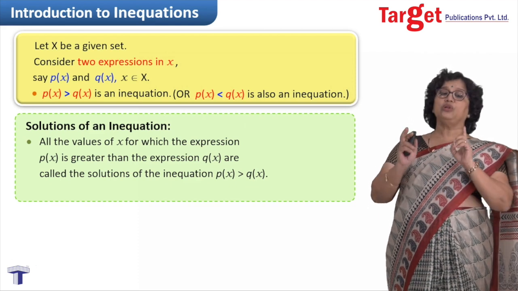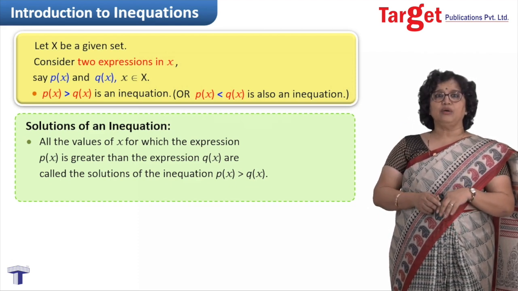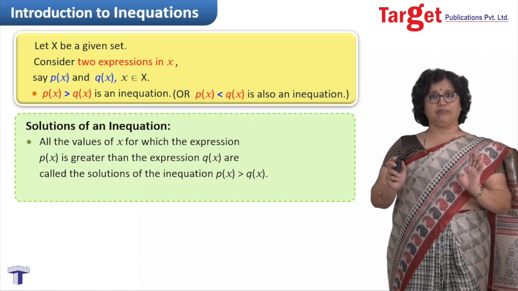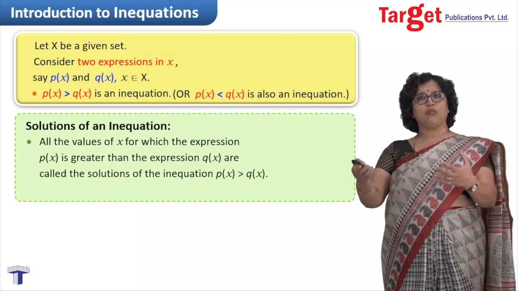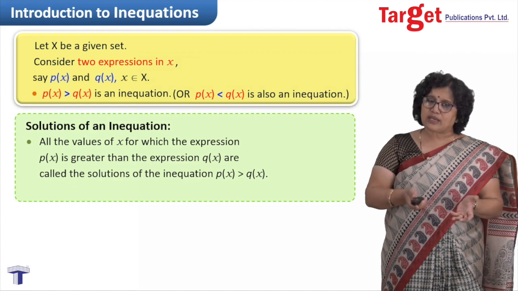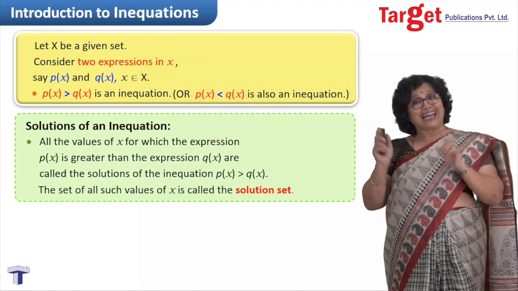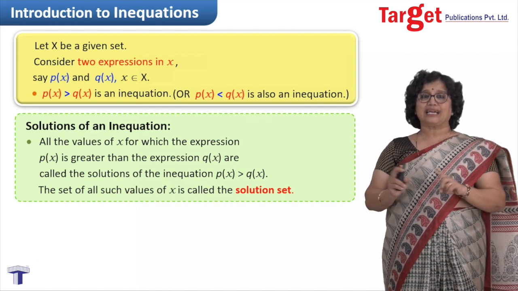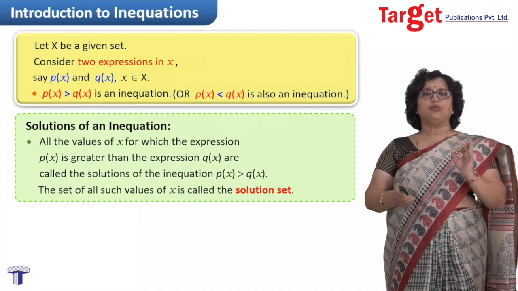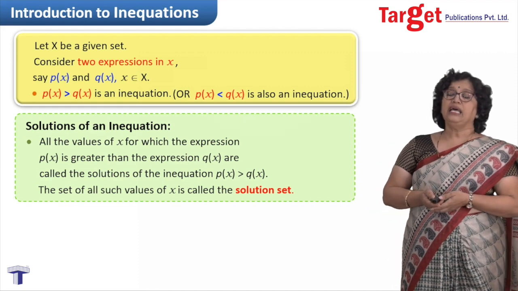But here, solutions of inequations are most of the time infinite in number. So, they would always appear in the form of either an open interval or a closed interval or a semi-open, semi-closed type of interval. So, we will have to collect them, and all such values are collected in one set, and that set would be called the solution set.